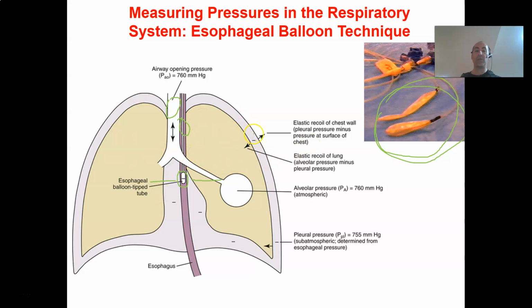So the pressure that is in here minus the pressure that is out here equals the elastic recoil of the chest wall.